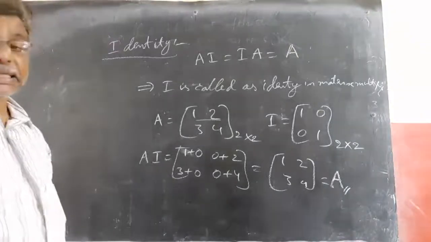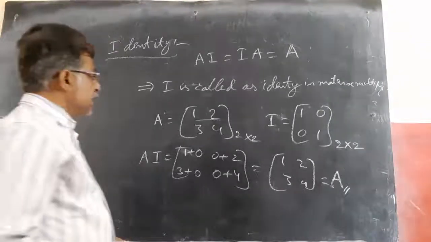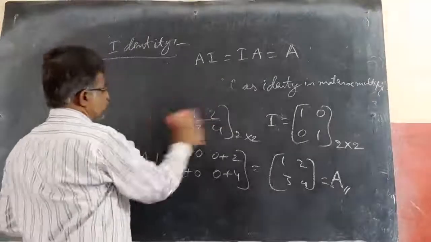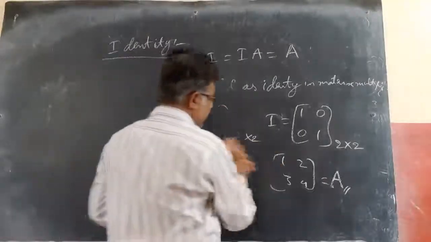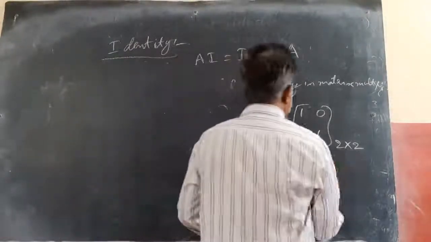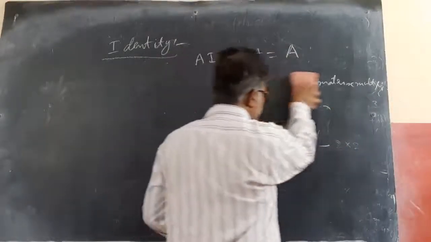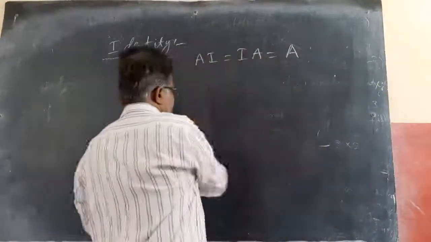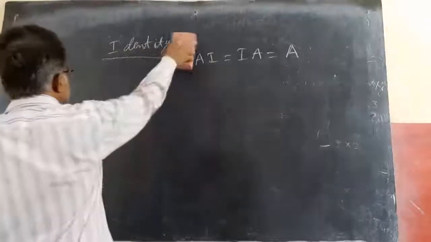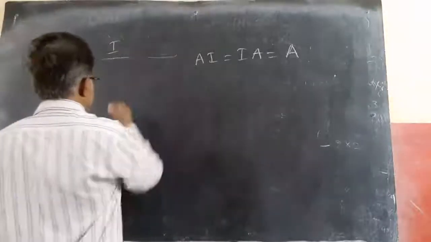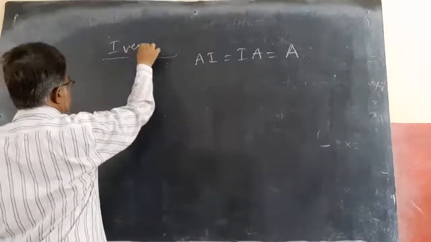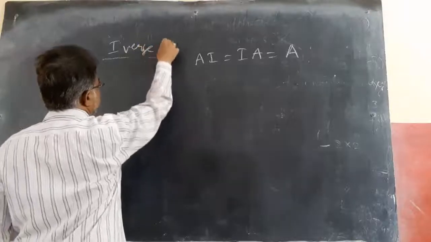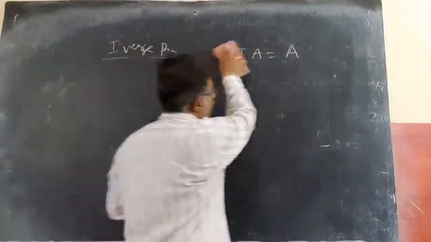Next property we discussed in addition is the inverse property. Inverse actually has a separate chapter, a separate concept, which we will discuss later, but here we will discuss what inverse is.